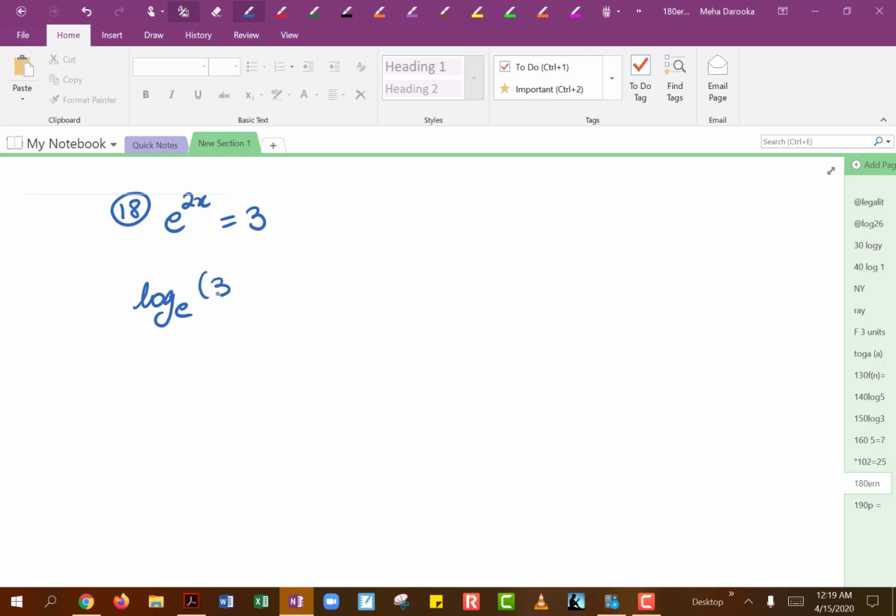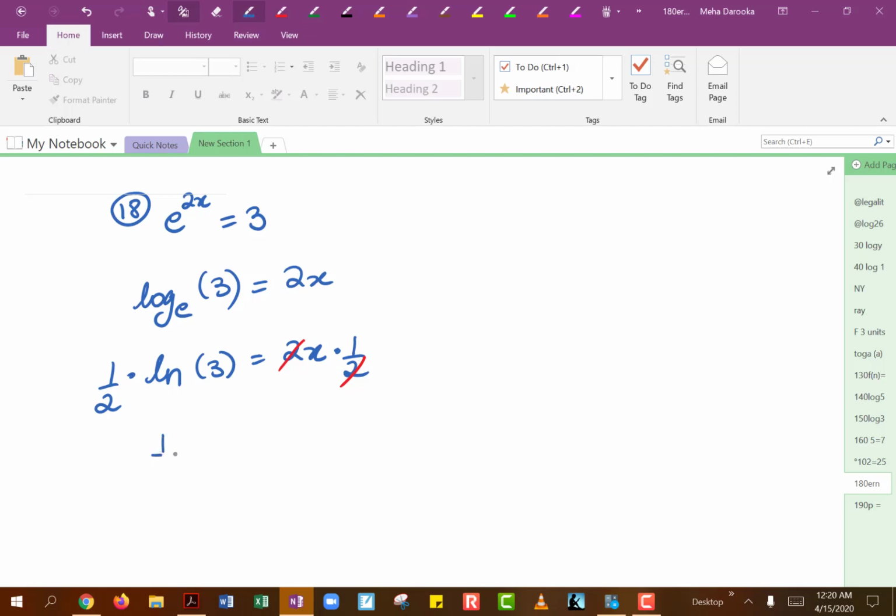Now remember, we don't really write it as a base e logarithm. We rewrite this as natural log of 3 equals 2x, and then to get x by itself, you can divide both sides by 2, or basically multiply both sides by 1/2. So the 2 and 2 will cancel each other out, giving us 1/2 natural log of 3 equals x.